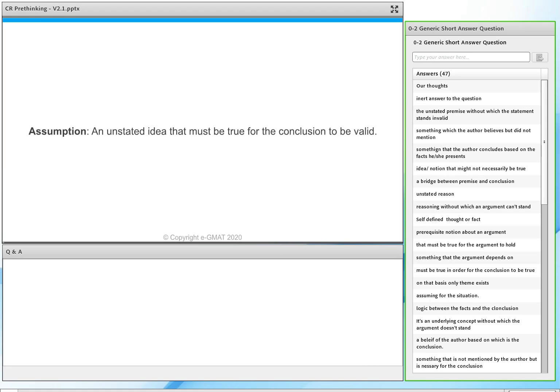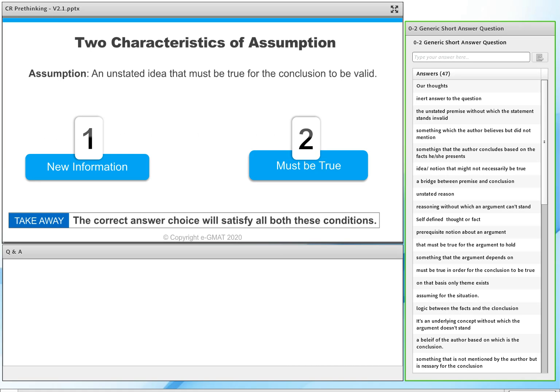So I want to talk about 2 aspects which are very prevalent in this definition. Again, you have this definition over here once again. The first thing is it's an unstated idea, which means an assumption must provide information that's not inferable from the argument. The second thing is this must be true, which is a really important aspect of an assumption, which means that the information provided must be essential for the conclusion to stay true.